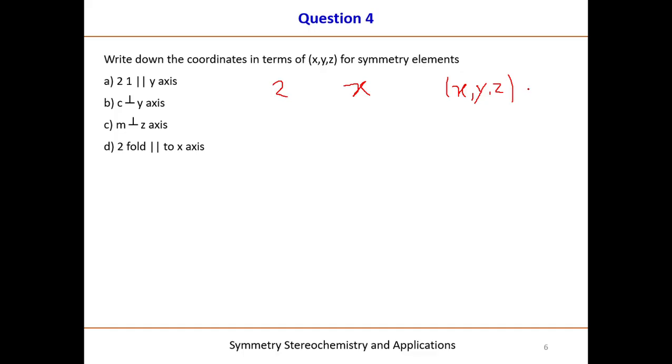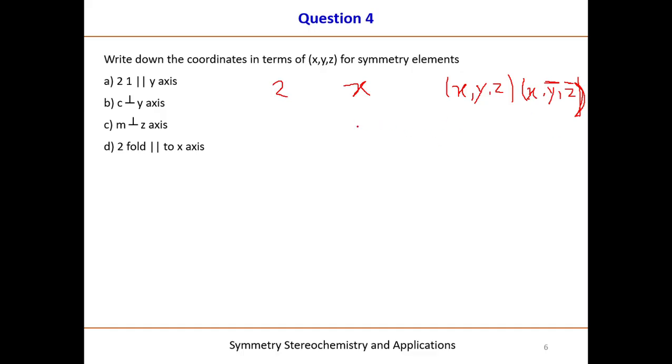The equivalent points: because it's parallel to the x axis, we write x, y bar and z bar. This is the way of writing equivalent coordinates in xyz form.